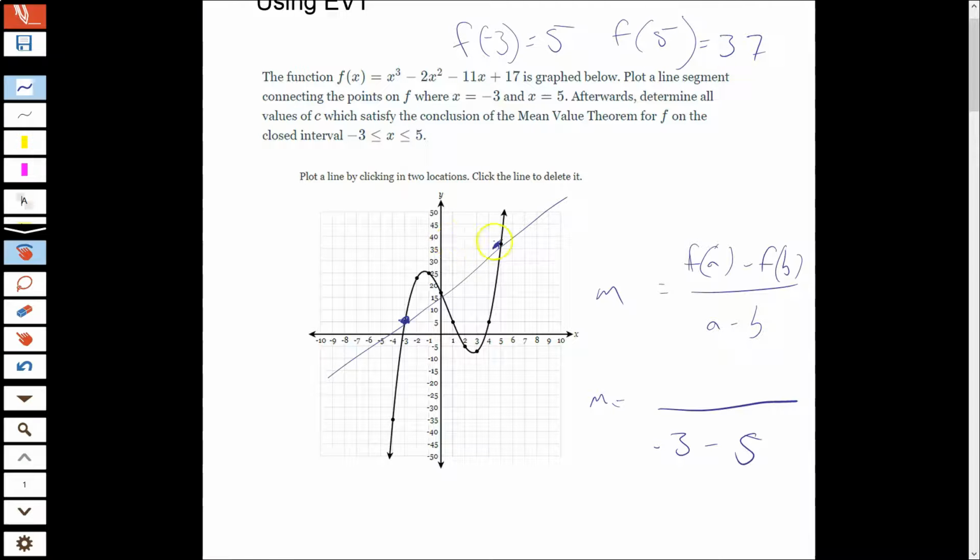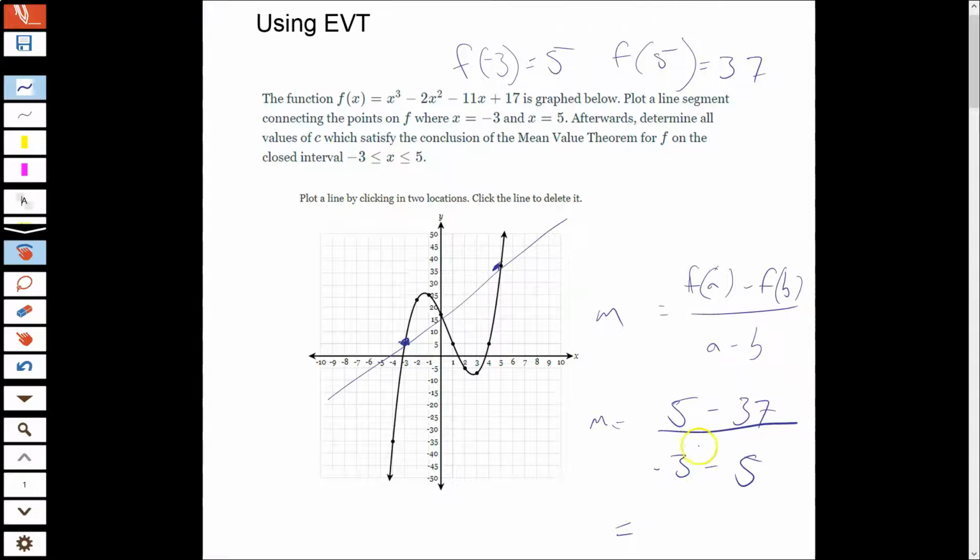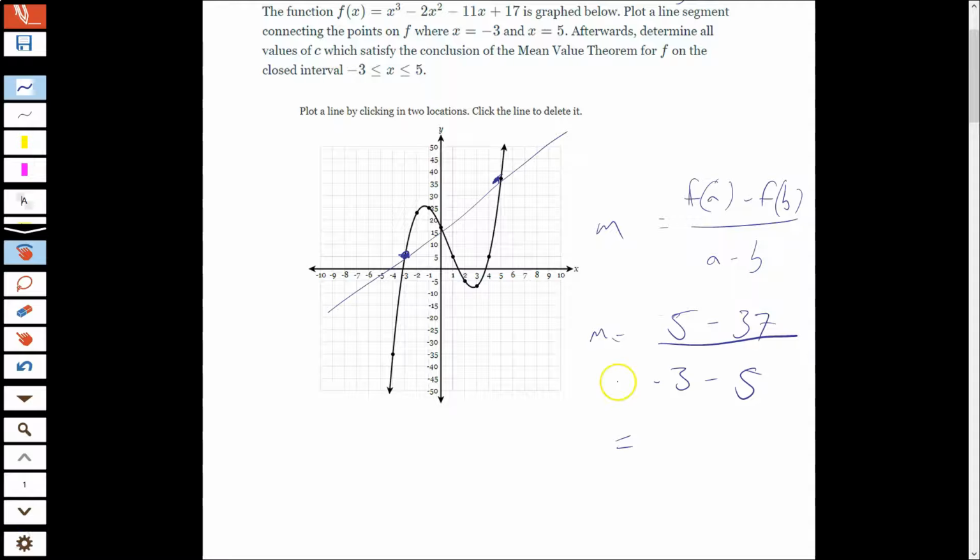So if I had just estimated based on the graph without plugging in those points, I would have gotten this one wrong. Okay, so that would be 5 minus 37. And then when I simplify, I get -32 over -8, which is just 4, right? So the slope of this line is 4.